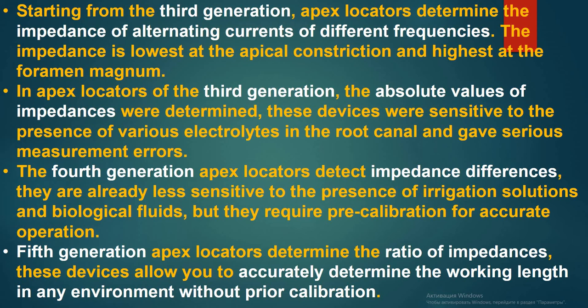The fourth generation apex locators detect impedance differences. They are already less sensitive to the presence of irrigation solutions and biological fluids, but they require pre-calibration for accurate operation.